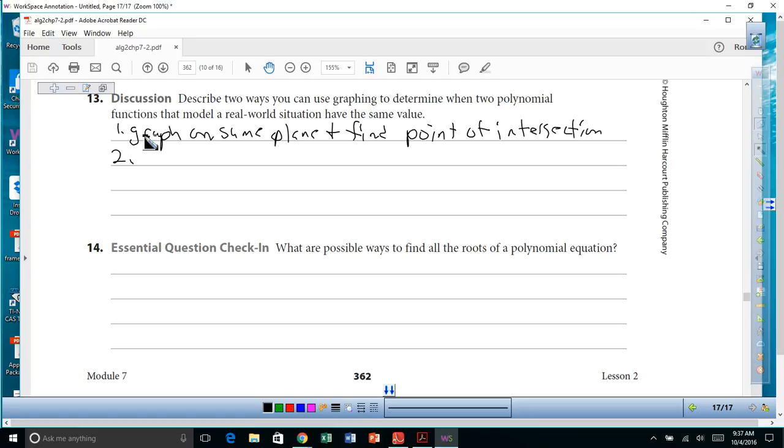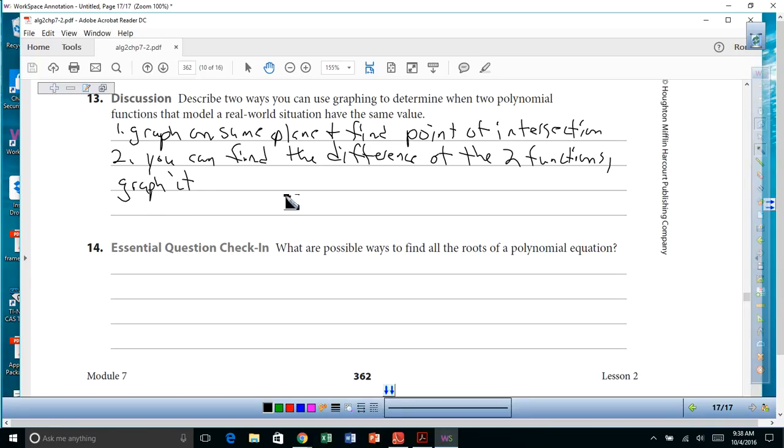So you can find the difference of the 2 functions, graph it, and then the x-intercept will be the x value where the original functions intersect.